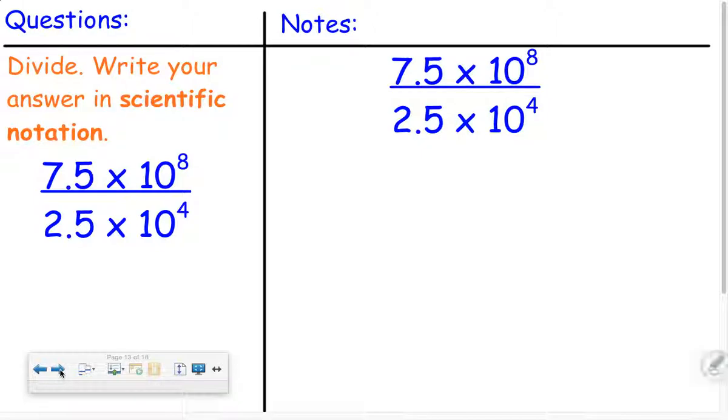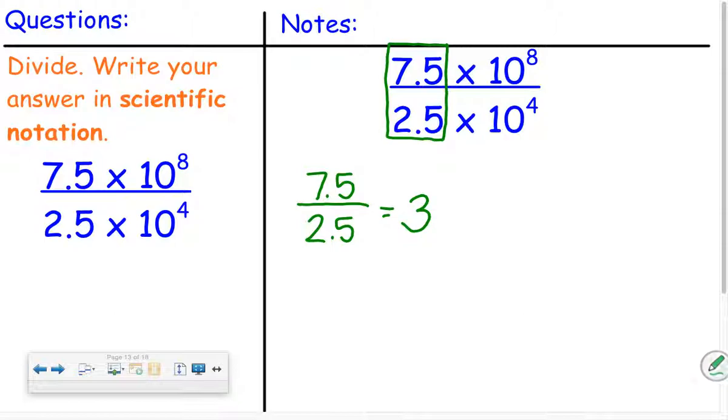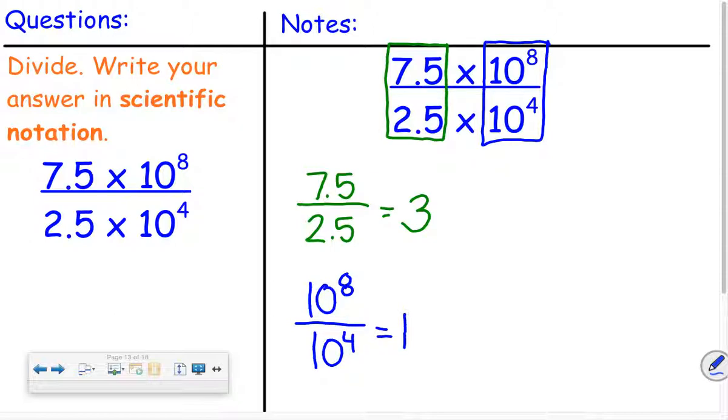All right. 7.5 times 10 to the 8th divided by 2.5 times 10 to the 4th. So if I divide those, 7.5 divided by 2.5 is 3. And then I'll subtract my exponents. So 10 to the 8th over 10 to the 4th is 10 to the 8th minus 4, which is 10 to the 4th.